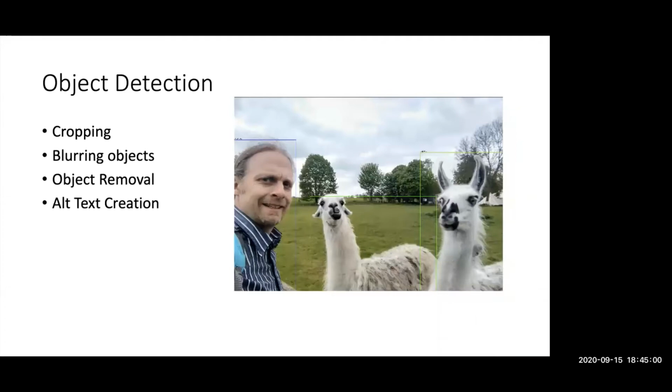You can do some cool things like alternative text creation. So for example, in this one, this is a picture of me at a llama farm. And as you can see, it found me and it found 2 dogs. So with machine learning, it works really, really well when the library is trained on the things you're looking for.